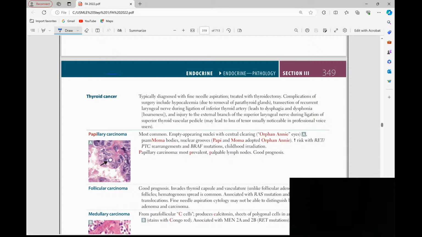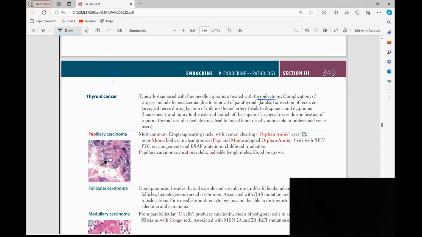There will be cytological changes that can be seen in FNAC also, and also there will be physical features of hypocalcemia. It should be treated with thyroidectomy.